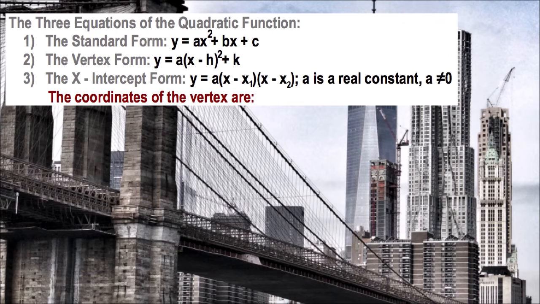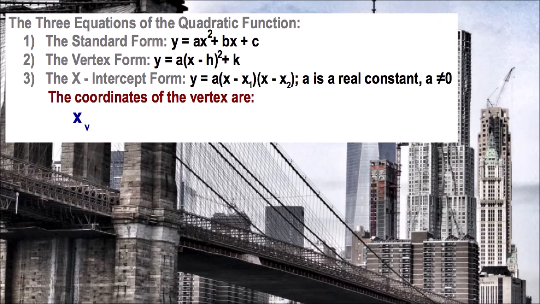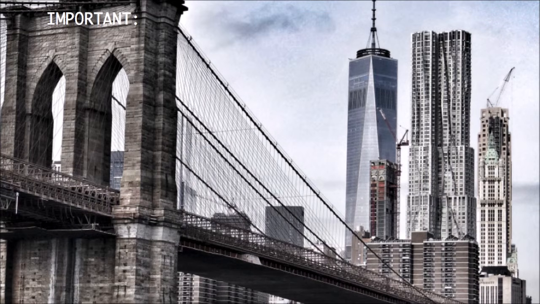The coordinates of the vertex are as follows, where x vertex is equal to the average of the x-intercepts, which can be written as x1 plus x2 divided by 2, while y vertex is f of x vertex, same as before.